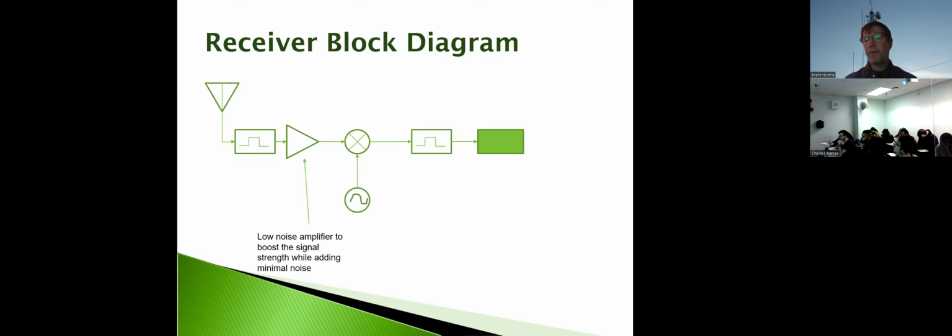This first amplifier is critical to the overall performance of the system, and we need this amplifier to be very low noise, or to add a minimum amount of noise to the signal as it amplifies it.